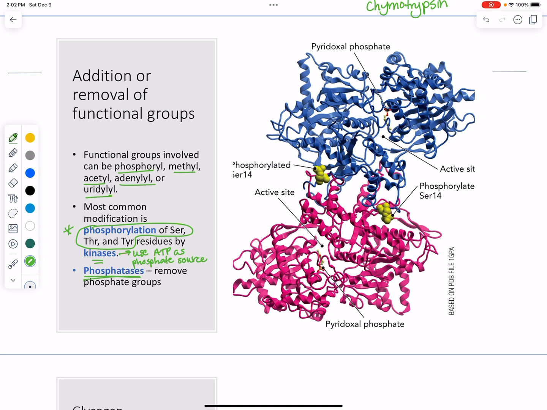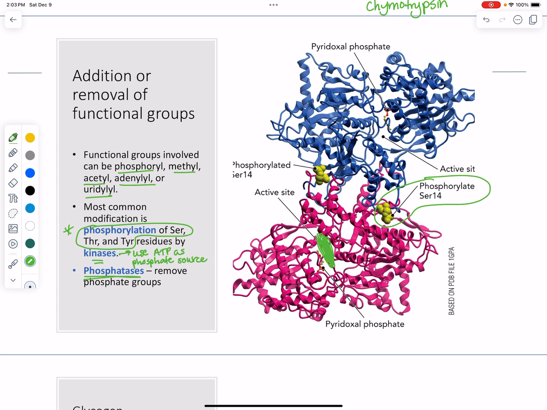Here's just an example of an enzyme that is activated by phosphorylation, and serine 14 is the part that gets phosphorylated. You'll notice that the active site, which I'm going to color green here, is not very close to the site of phosphorylation.